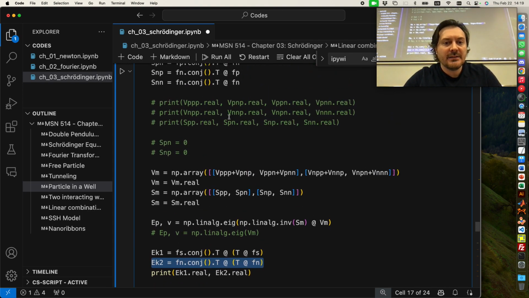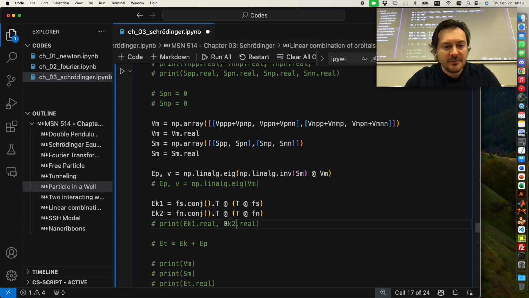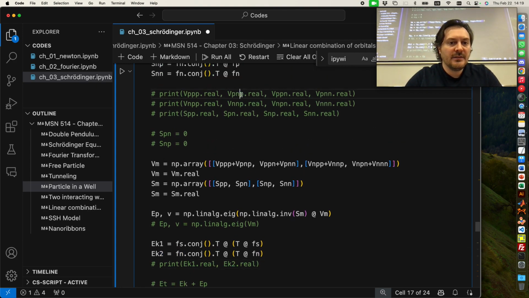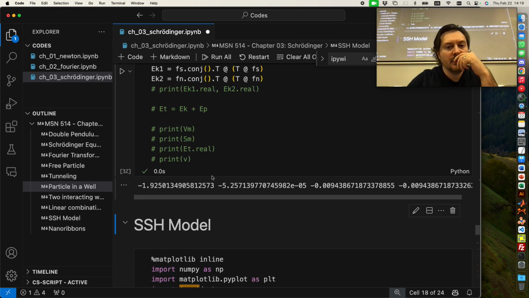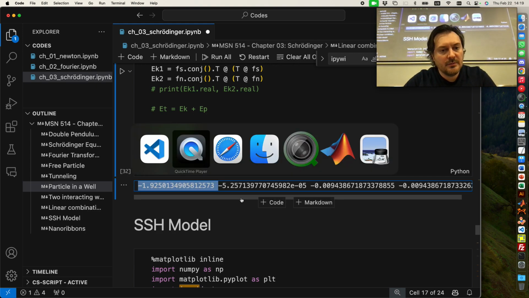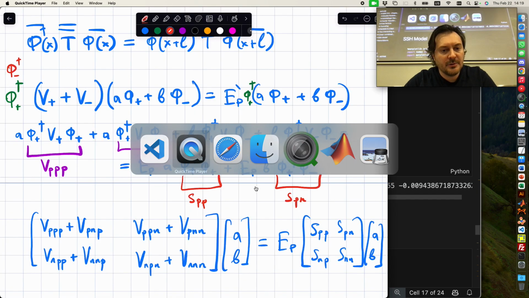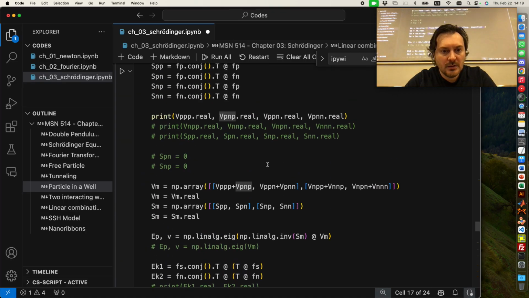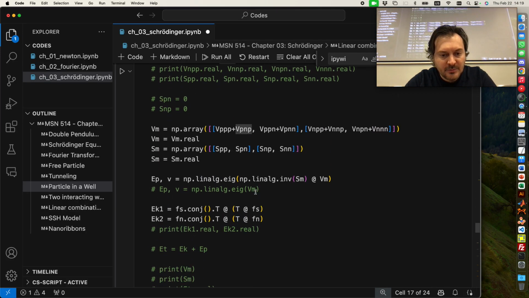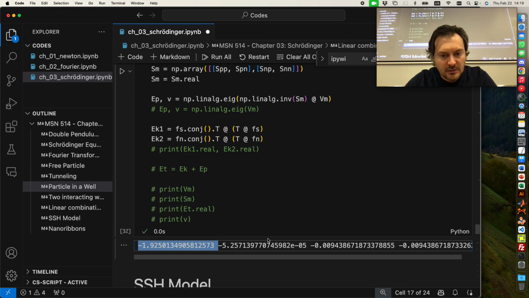So let's look at the terms. Let me just stop printing this one, and let's look at VPP, VPNP, etc. If you look at them, the diagonal terms are non-negligible. Okay, VPP, VPNP. What are they? PPP, PNP. PNP is small, right?